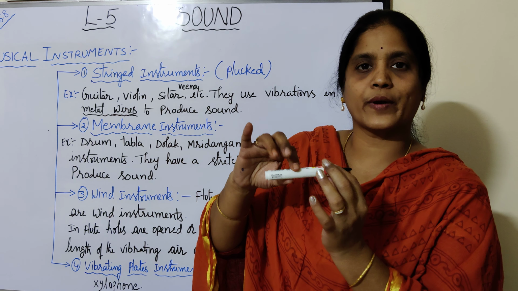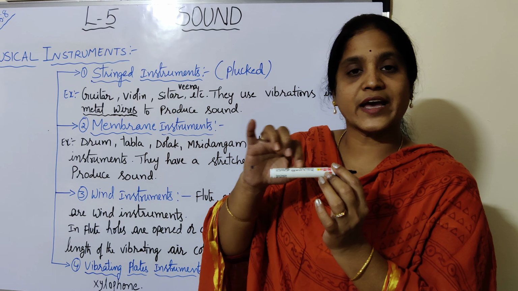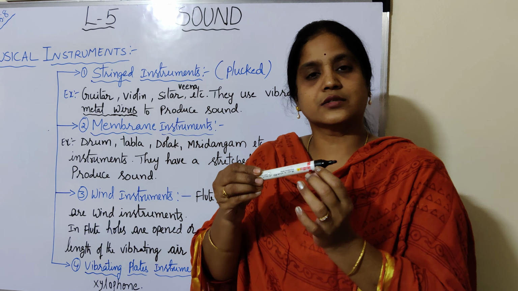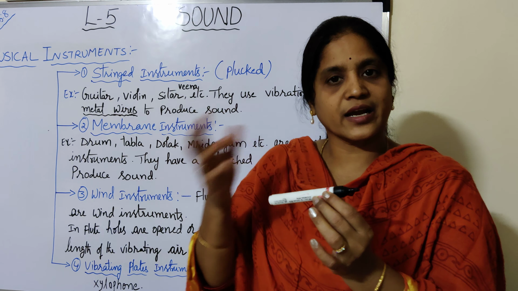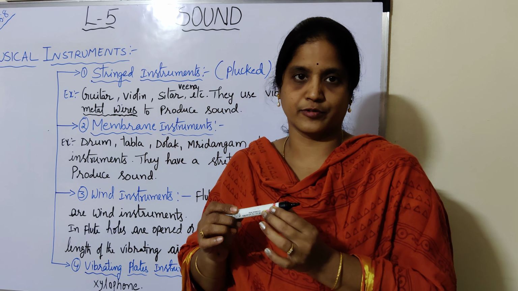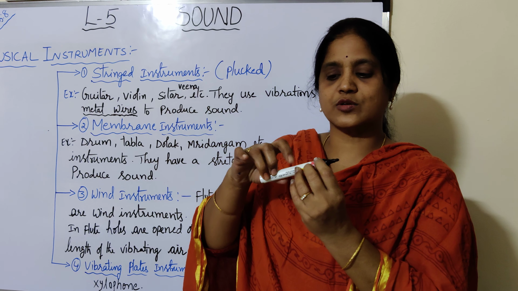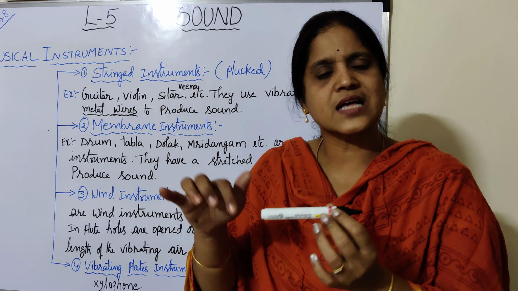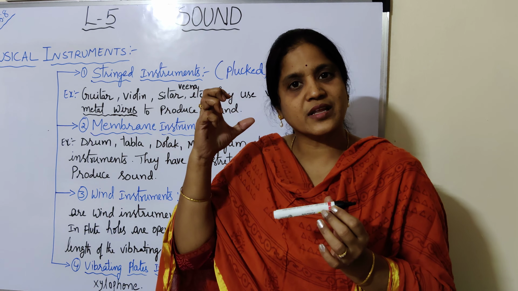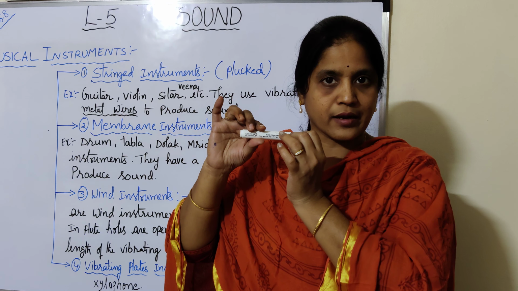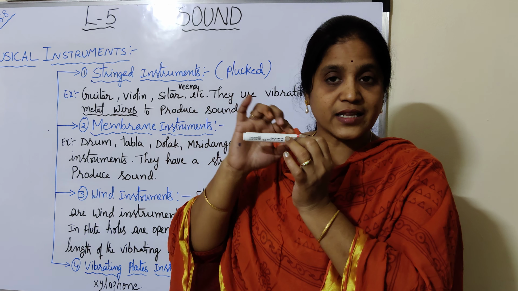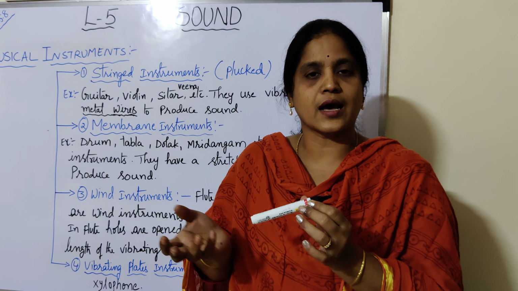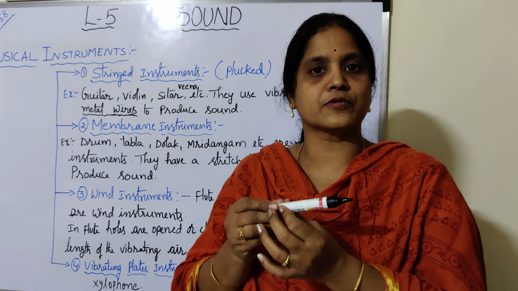When you close and open them, the length of the air column in the flute changes, and accordingly we get different sounds. The flute is completely hollow, and the gap is filled with air. When you blow air, the air particles inside start vibrating, and the flute produces sound.